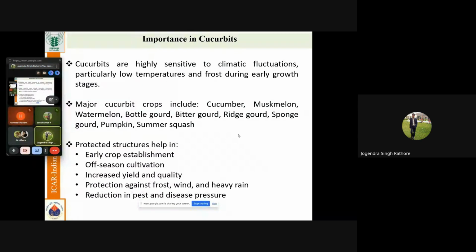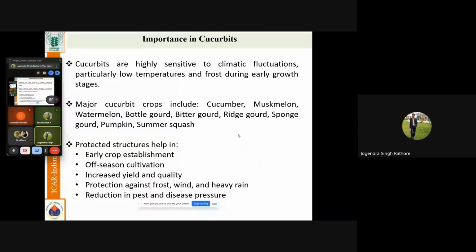When temperature falls below the range, various problems occur in cucurbits, as I already discussed: delayed seed germination, poor seedling establishment, slow growth, a change in sex forms, and also a reduction in flowering and fruit set. Similarly, other environmental stresses like rainfall, wind, and humidity are going to affect the various growth and development stages of cucurbits.